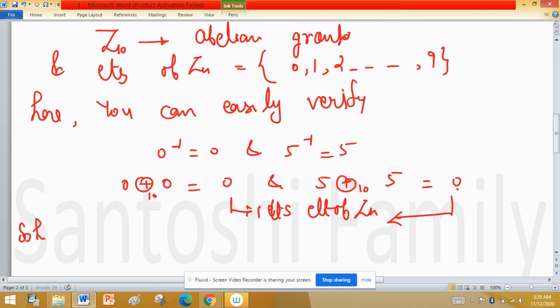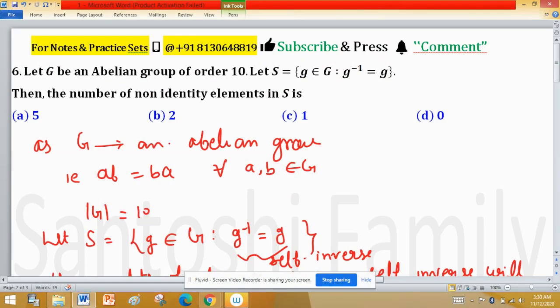So the non-identity element in S is only 5. So the number of elements asked in S which is non-identity and belongs to S is only 1. So option C is the right choice.